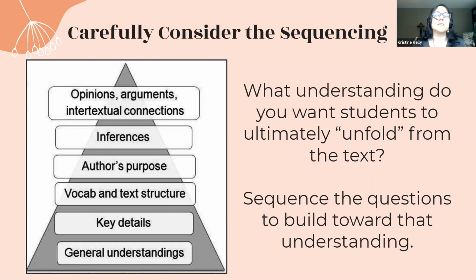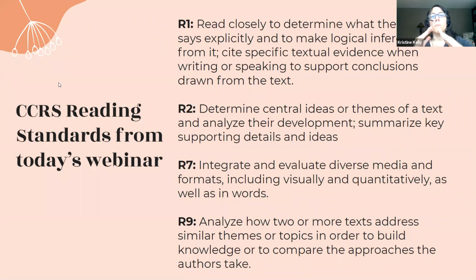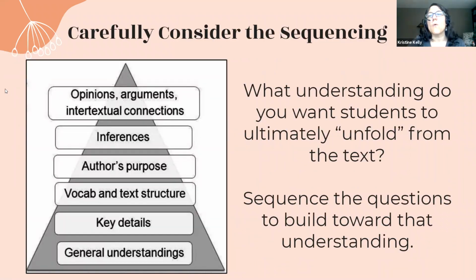Making inferences, and then moving up to the top where they're making connections between things that they know and the text that they read, or between text and other outside ideas. So one of the things that we've talked about, and Abby and Liddy and Lindsay talked about this, is what understanding do you want students to ultimately unfold from the text?